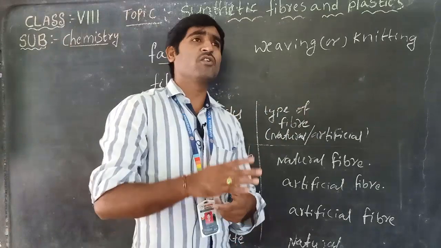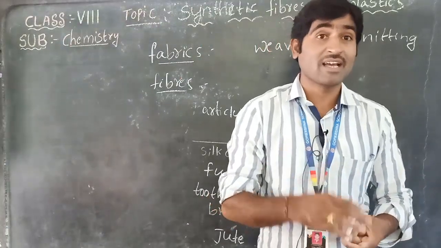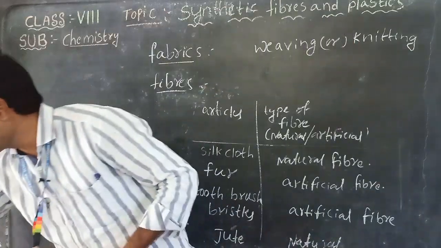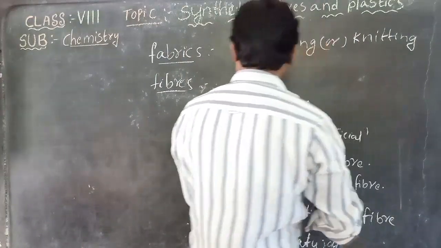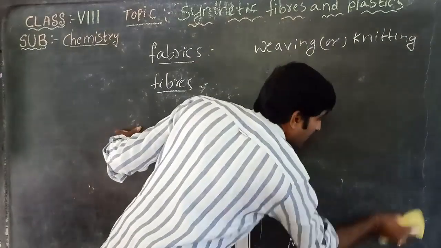You already read about fibers in your previous classes. How many types of fibers are there? Mainly fibers are two types. It is very important, please listen carefully. What are the two types of fibers?